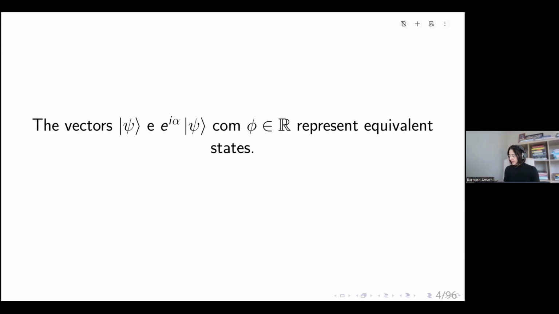And the relation between them is what we call a global phase. So a global phase is irrelevant with respect to the state that that vector represents. So we can use this equivalence, this redundancy, to simplify our representation of a state of a qubit.